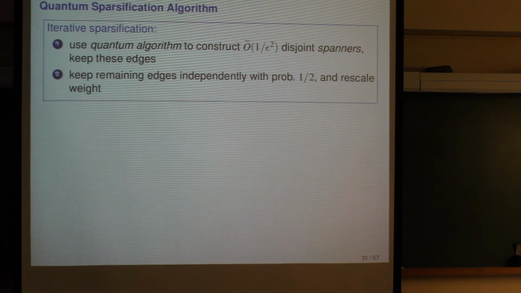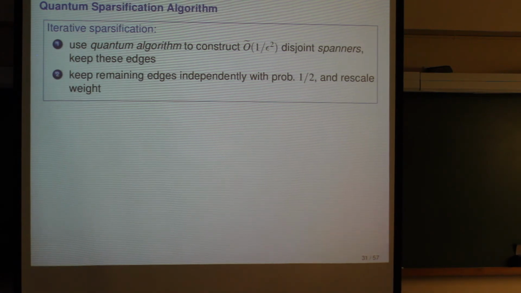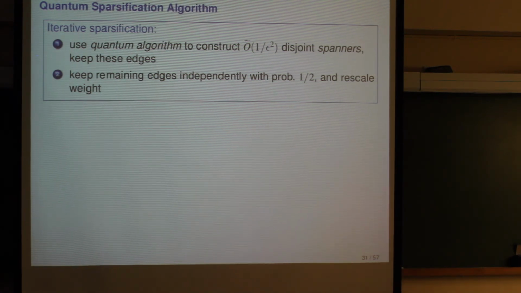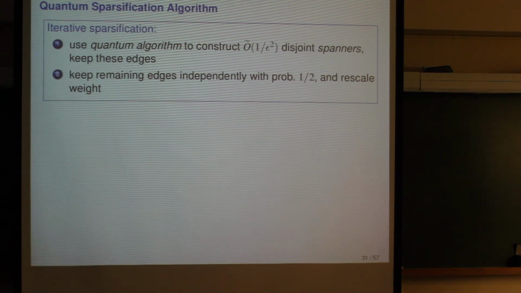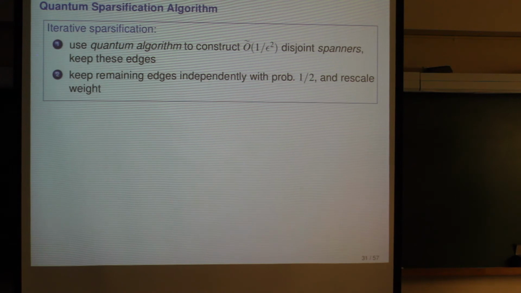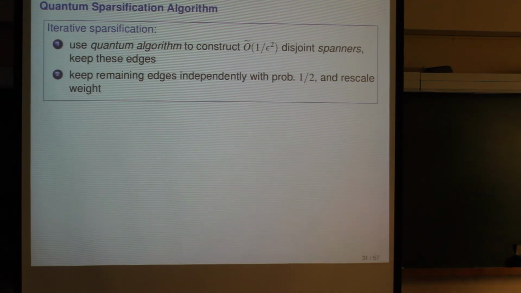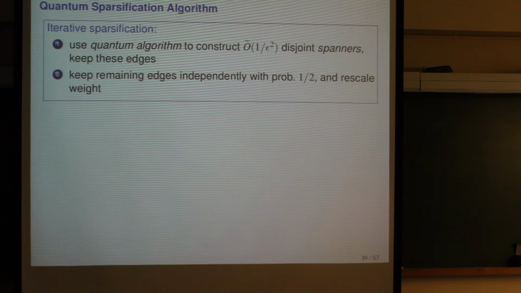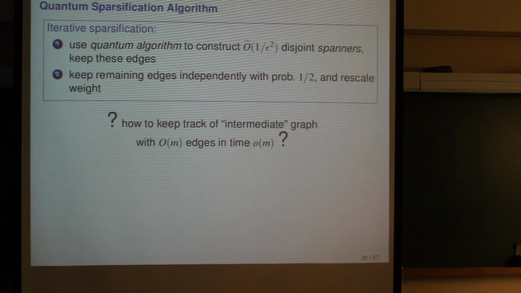Now we construct these spanners, so we get a set of important edges, which is a set of approximately n over epsilon squared edges. These we can explicitly describe, that's fine. But now we want to randomly throw away half of the edges of this list. It's not at all clear how to do that, because we have query access to a list.